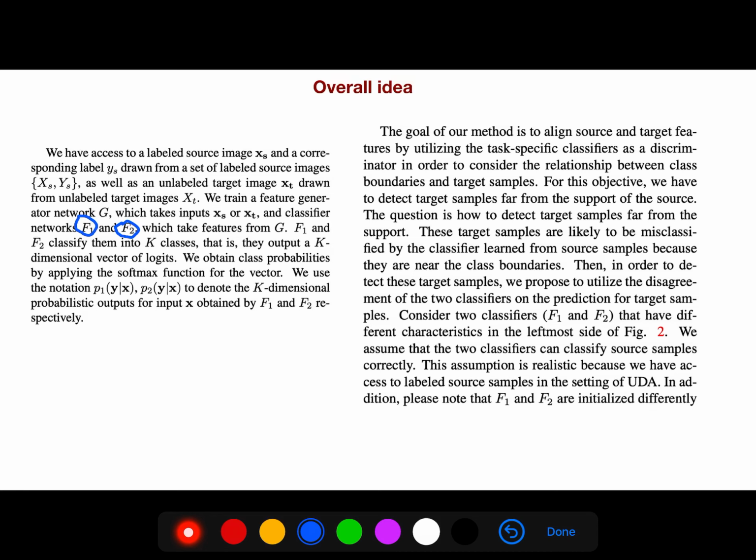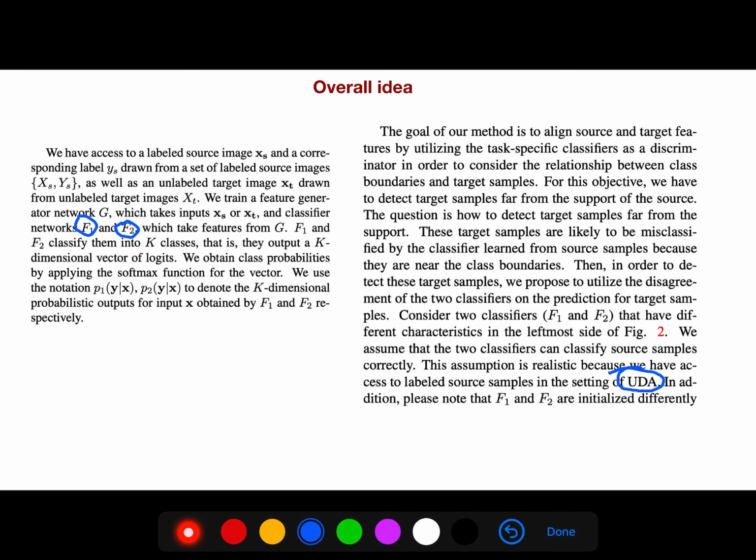So consider two classifiers f1 and f2 that have different characteristics. We assume that these two classifiers can classify source samples correctly. And this assumption is realistic because we have access to labeled source samples in the setting of unsupervised domain adaptation.